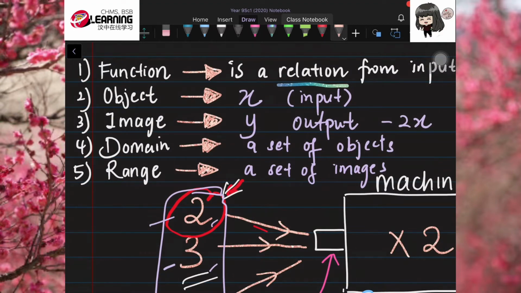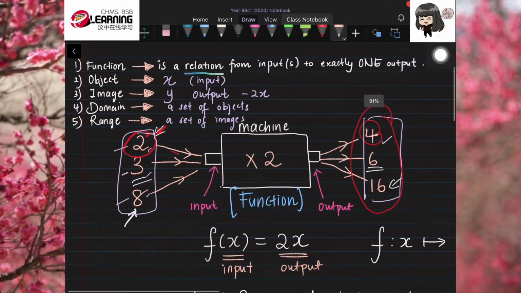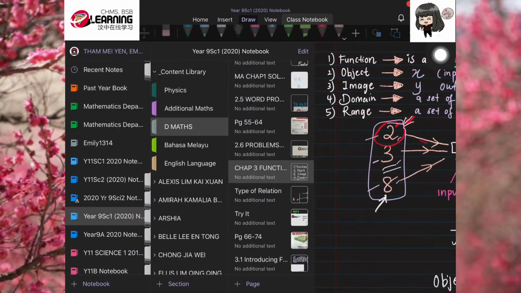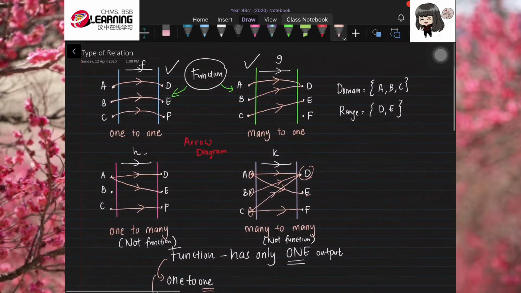As for the domain, it is the set of objects, the set of the inputs. And the range is the set of images, or the set of outputs. We have also learned the types of relation.